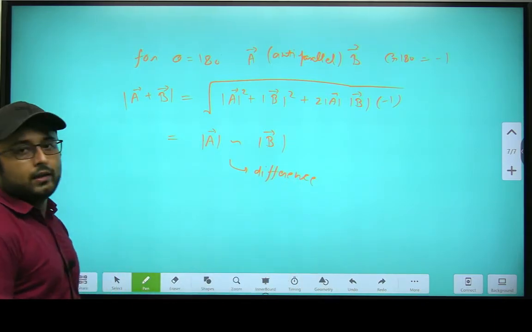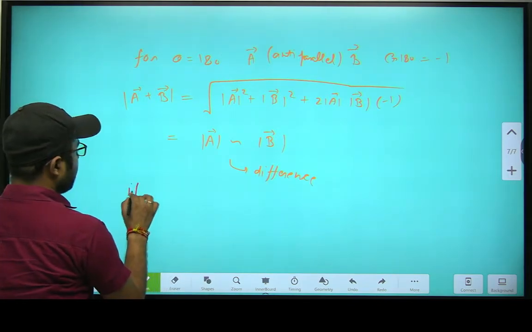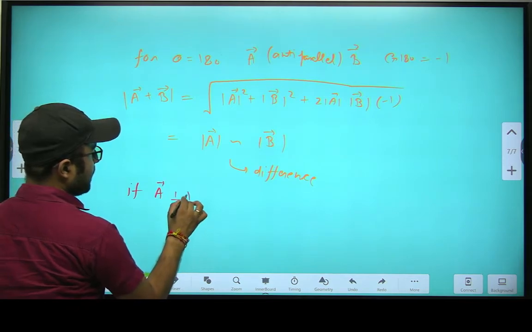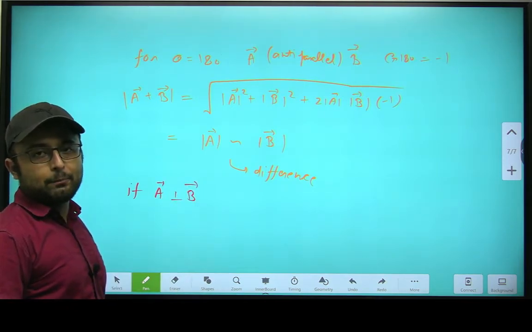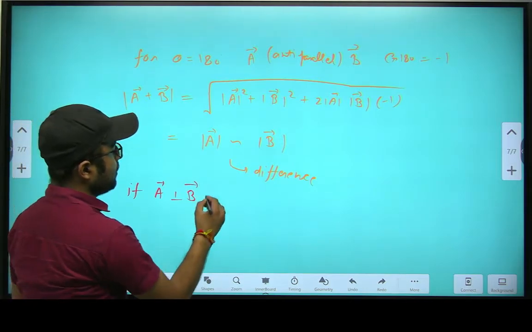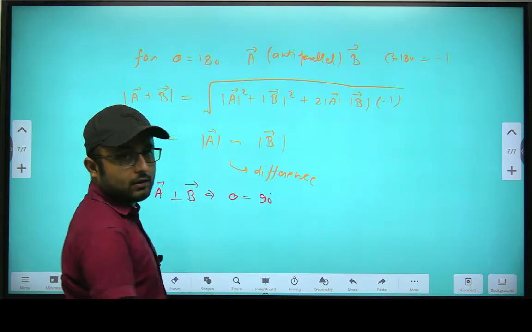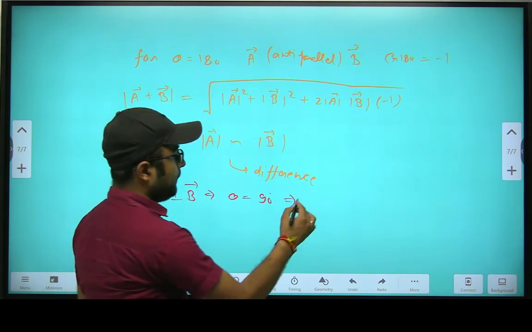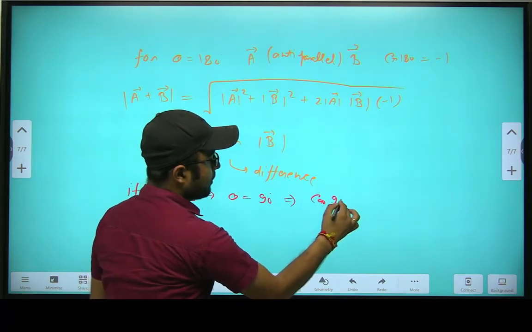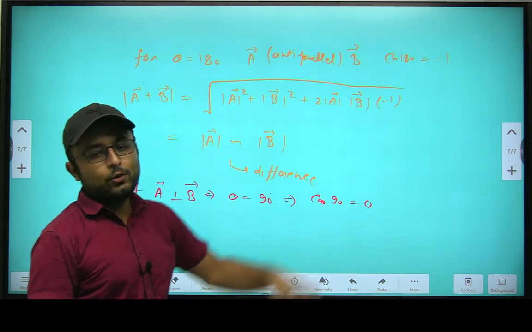And third, if vector A is perpendicular to vector B, this implies that theta will be equal to 90. What about cos 90? If theta is equal to 90, cos 90 becomes 0. So this part becomes 0.